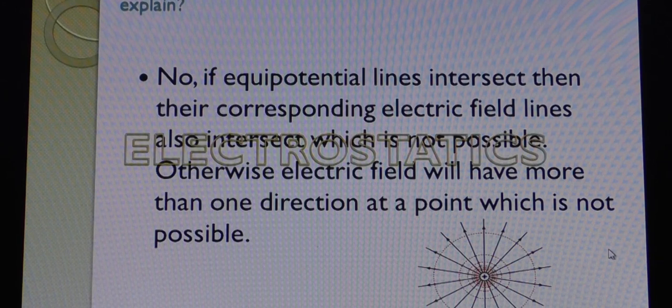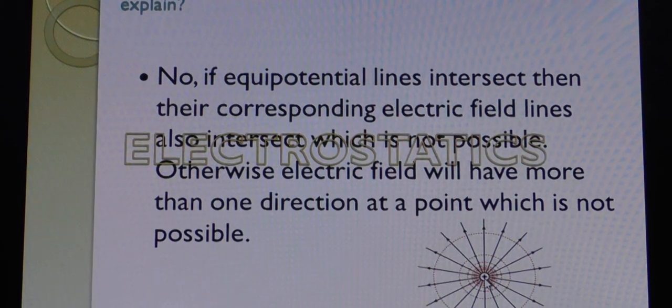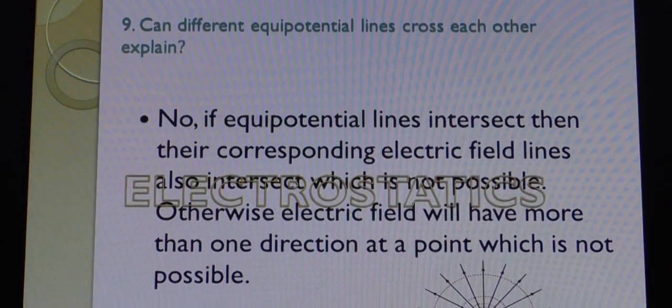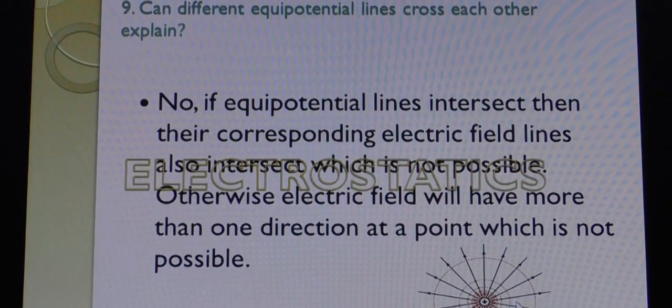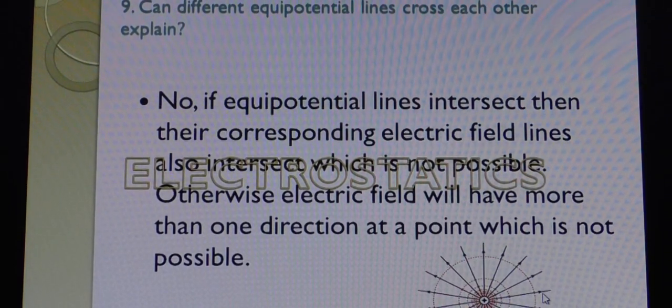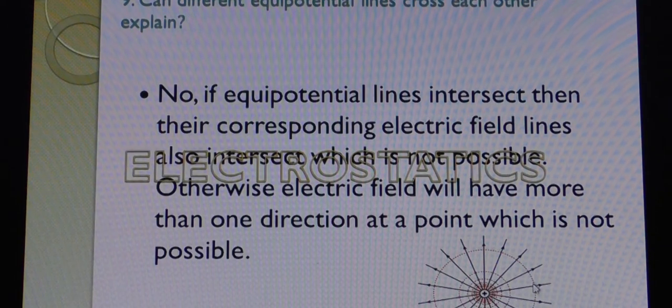If you remember the topic, the article I taught you, in this figure, this is a unit positive charge, and the electric lines of force are moving radially outward, and these dotted circles show equipotential lines.